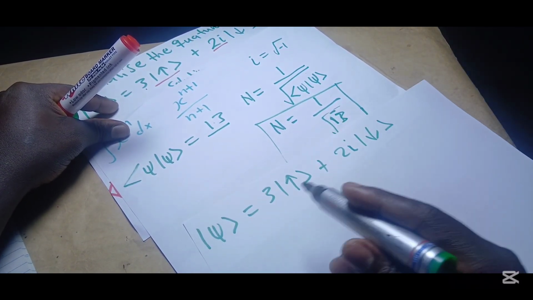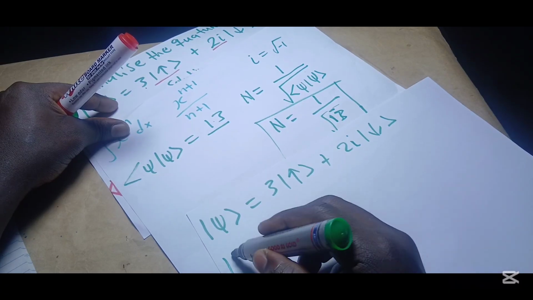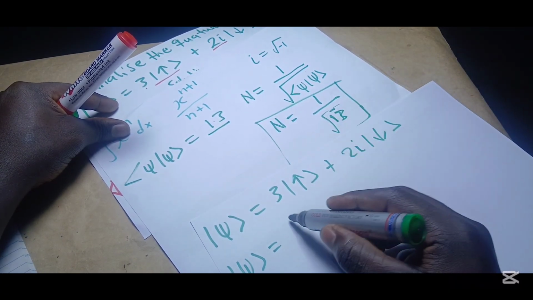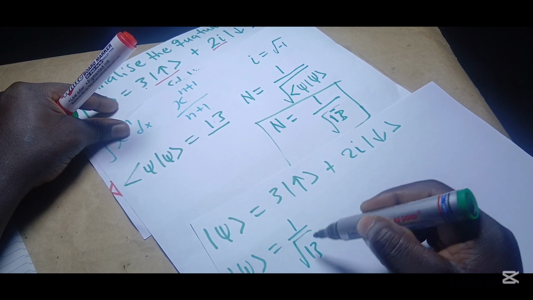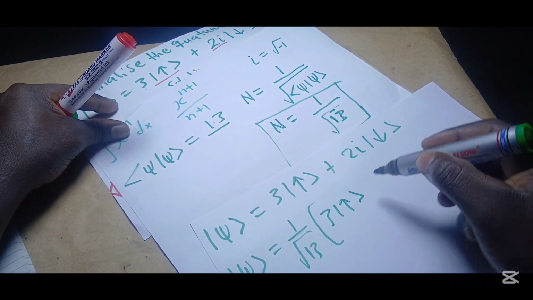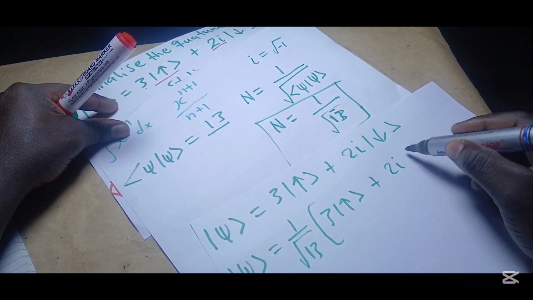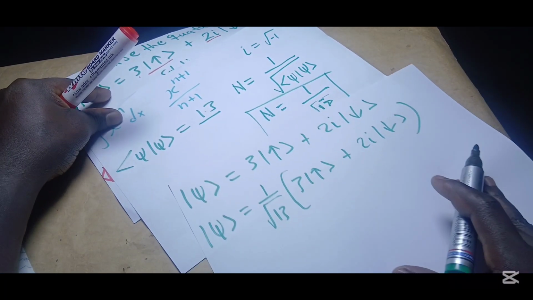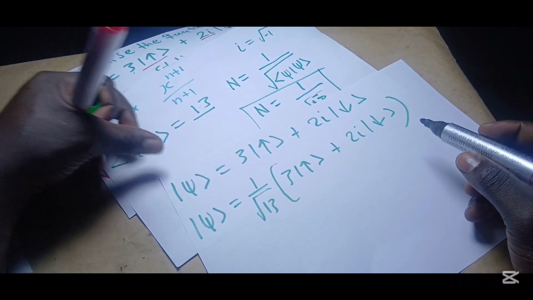So the normalized wave function is going to be 1 over the square root of 13 multiplying 3 spin up plus 2i spin down ket. So this is our normalized wave function.